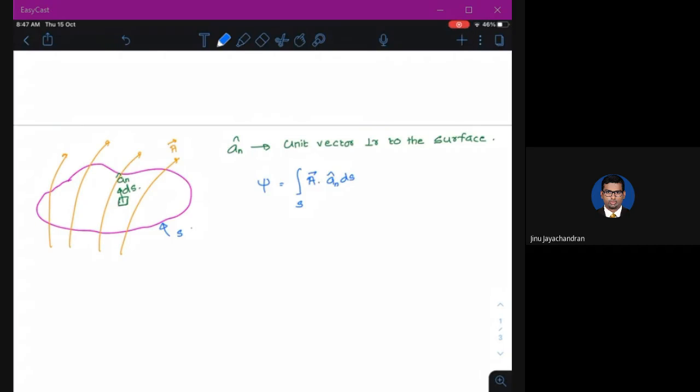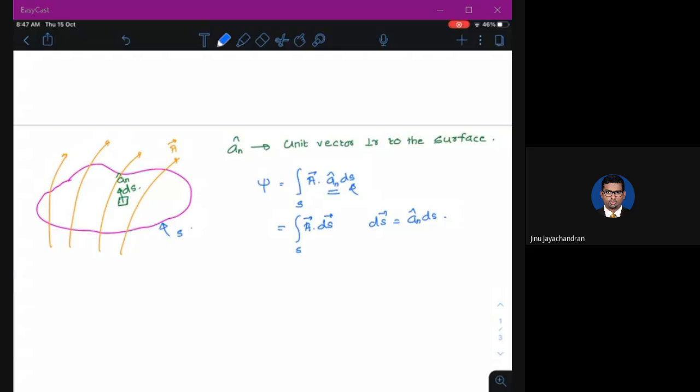Okay, so this is called a surface integral. So here you should note that I haven't put an arrow over ds because the direction is already given by n cap. Or if you don't want to have n cap, you can directly write A dot ds bar, where ds bar is equal to n cap ds. So this is called a surface integral.